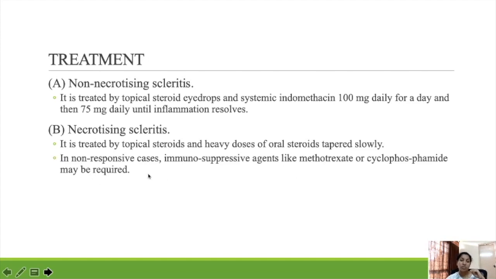In non-responsive cases, immunosuppressive agents are given.